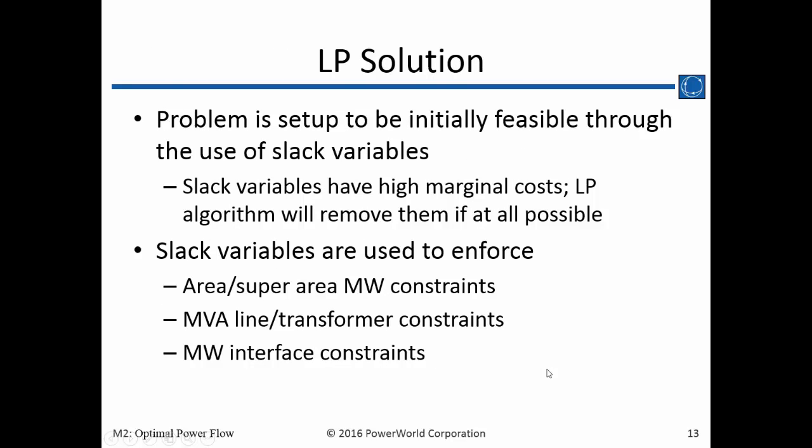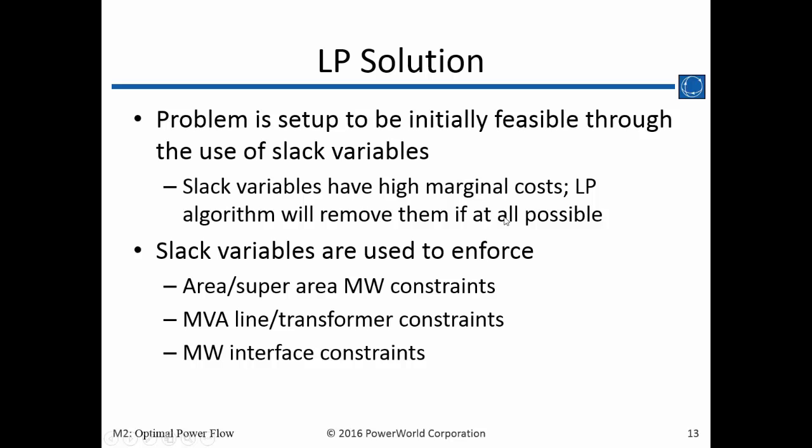So the problem is also formulated if you have overloads in your initial system that you're trying to clear with the optimal power flow, then the problem is formulated to give a solution that's valid or feasible through the use of slack variables or dummy variables. So if you have an overloaded line, there's a variable that's introduced into the linear program that has a very high marginal cost associated with it.